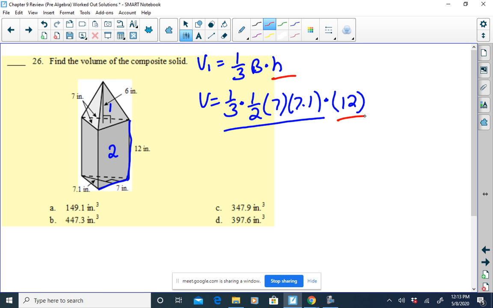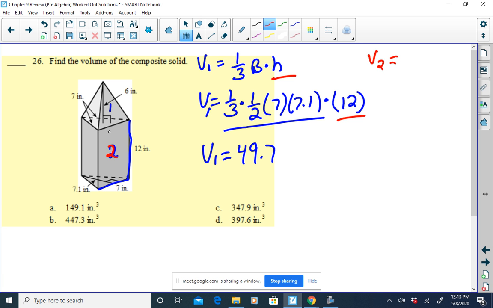If you multiply everything together, volume 1 winds up with, let me keep that blue, try to be consistent, volume 1 is going to be equal to 49.7. And then we need volume 2. Volume 2 is the triangular prism, make that red.